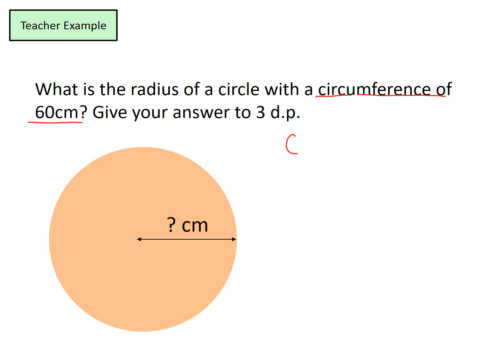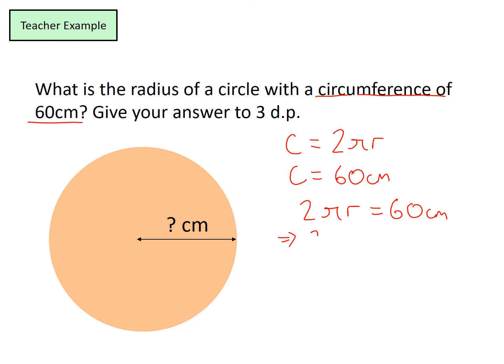So, using the other formula, circumference equals 2 times pi times the radius, or 2 pi r, we can write this as an equation: 2 pi r equals 60 centimeters. This essentially means 2 pi times the radius is 60 centimeters.